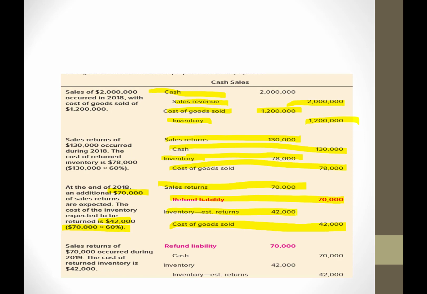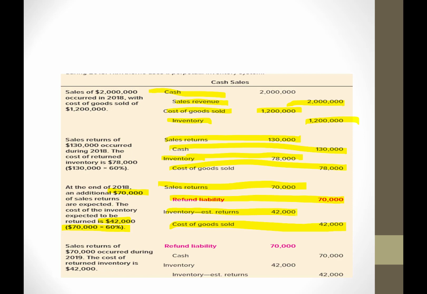And we'll debit this account, which is basically adding to our inventory account, because we did what? We took those items out of inventory, didn't we? We took them out of inventory, but now we're saying, well, there's a potential to come back. So you wouldn't call it a contra, you'd call it an adjunct account. It's an adjunct account that does what? It adds to the inventory account for the estimated amount of returns.